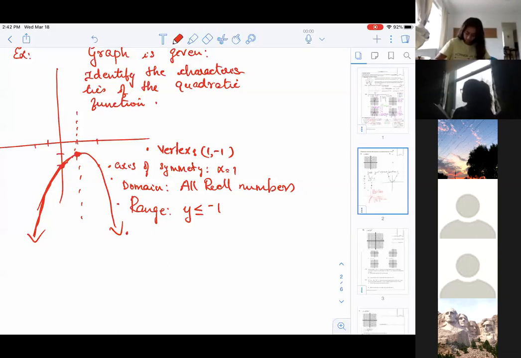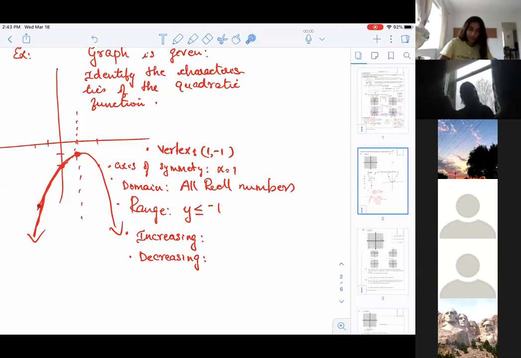The next thing is, tell me where it is increasing. The function is increasing. Now watch, I'm going to point at that. Everyone look at the screen. It's increasing here, you see that? Up to here.